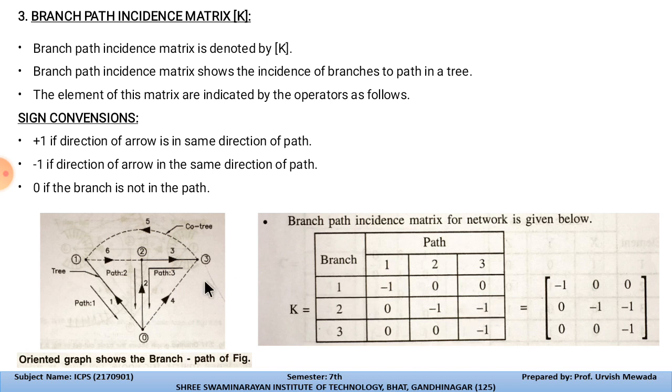There is a connection between operator 2 with 3, but the direction of the path indicated for the branch path incidence matrix is in the opposite direction to 3, that's why it is taken as minus.